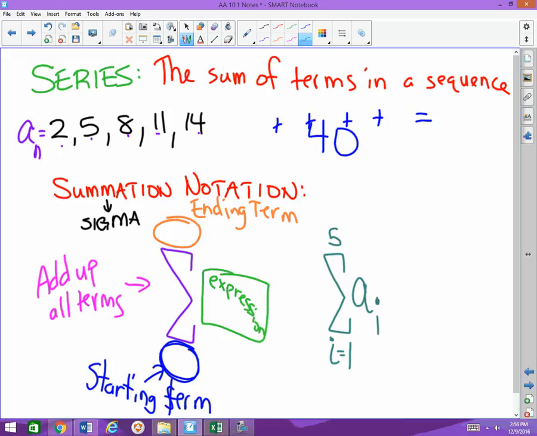So this says add up all the terms in the sequence A where you're going to go from term number 1 to term number 5. So in this case, because we're using these terms, this would be 40.